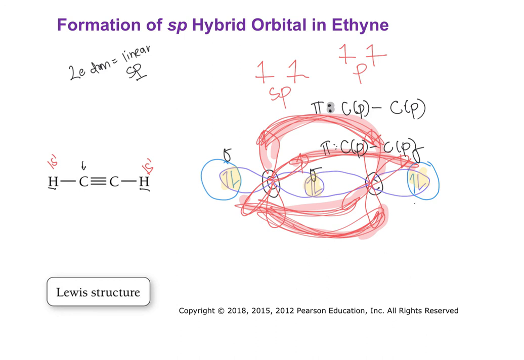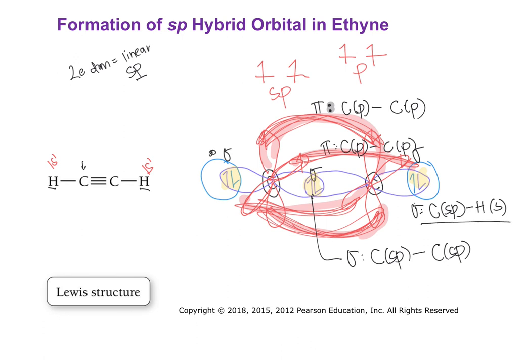Now with this sigma bond, I would say sigma between the carbon's sp orbital and the hydrogen's s orbital. So we're just helping to label so it's clear what's going on, especially when our art skills, i.e. me, is not maybe the strongest. So with this carbon here, we have a direct overlap sigma bond between one carbon's sp orbital and another carbon's sp orbital. And then this sigma bond over here will be the same as what we had right here.